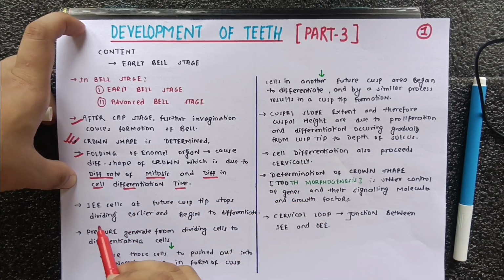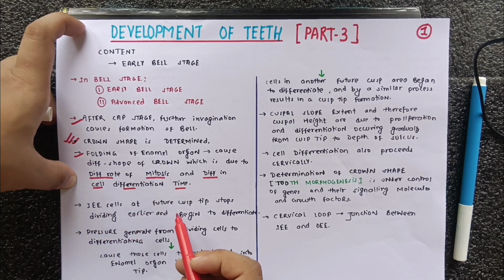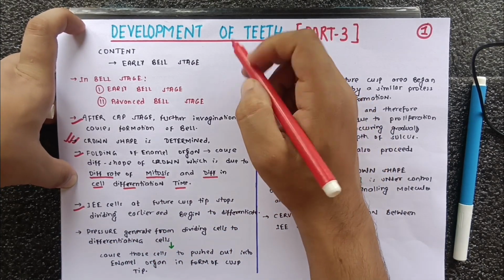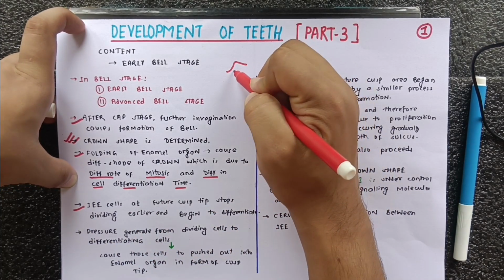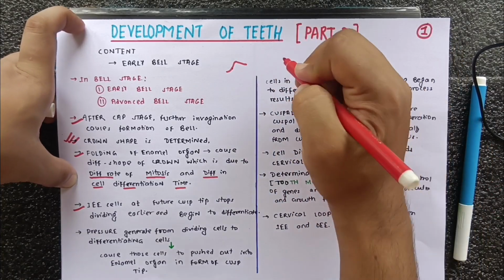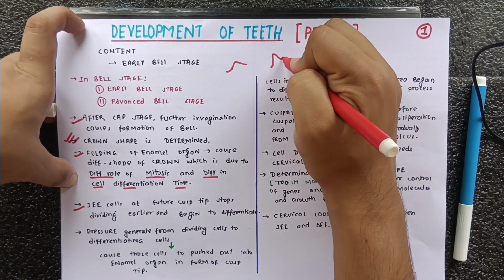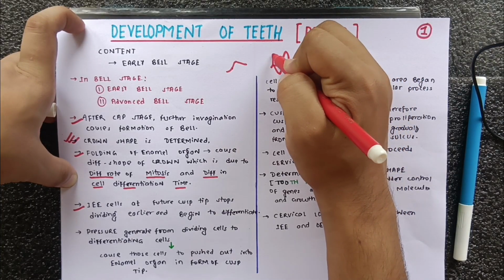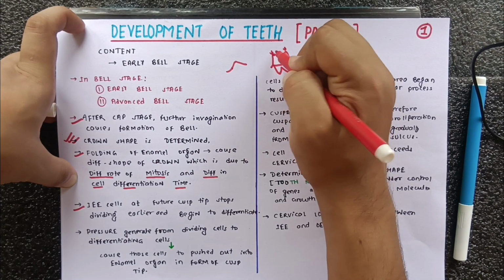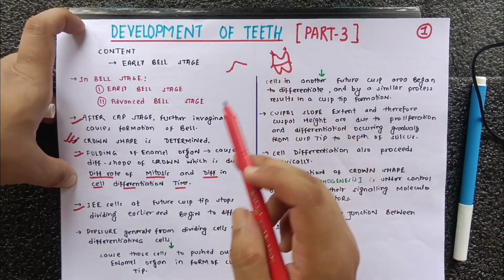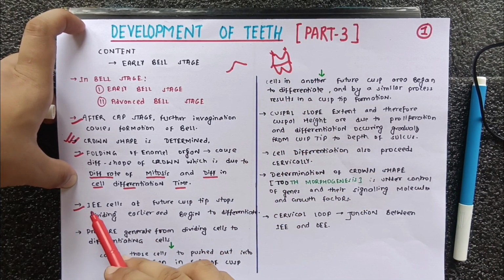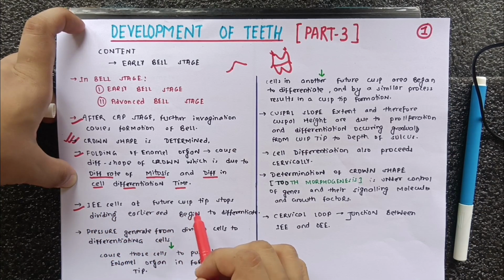In another point, the inner enamel epithelial cells at the future cusp tip stop dividing earlier and begin to differentiate. Just think this is a tooth, and this is a cusp tip. These positions are the cusp tips of the crown of a posterior tooth, such as premolars or molars.